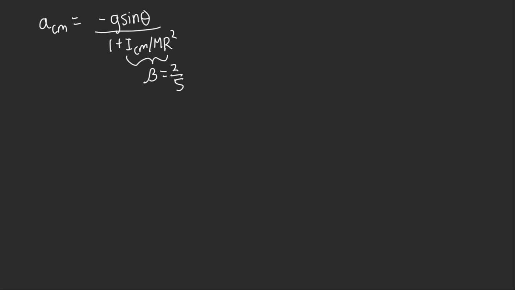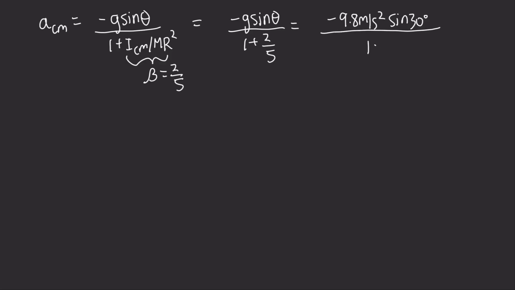So we can rewrite this as negative g sine theta over 1 plus 2 over 5. And plugging things in, we'll get that the acceleration of the center of mass is equal to negative 9.8 meters per second squared, sine of 30 degrees, which is the angle between the ramp and the horizontal, over 1 plus 2 over 5. And this gives us the acceleration of the center of mass equal to negative 3.5 meters per second squared.